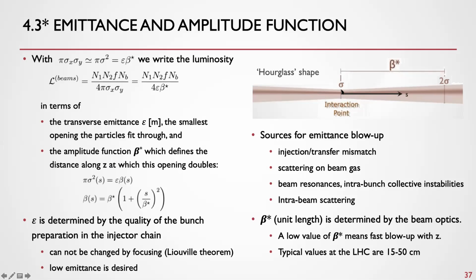We think of it so: we are here, and here the two beams cross. The amplitude function is beta star, and it defines the distance along which this amplitude, this diameter, doubles. The simple geometrical expression is given here.